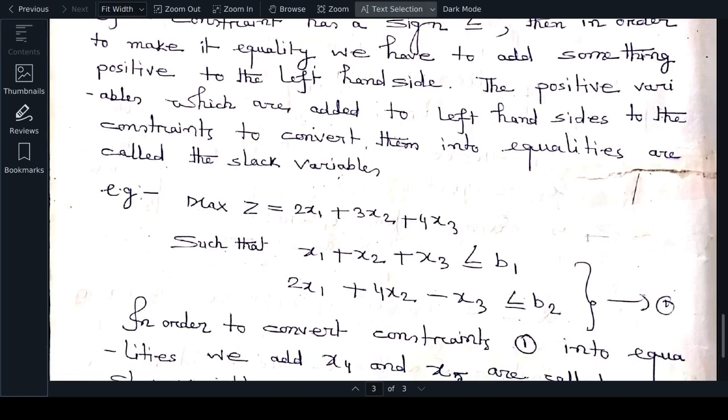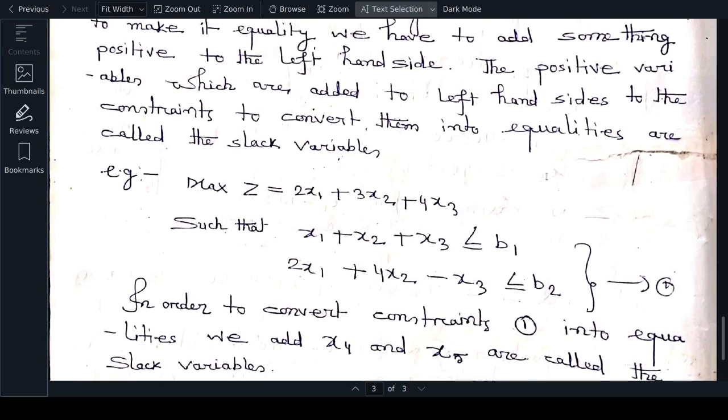So all of you see this b1 and b2 should always be positive. If negative, then we make it positive. Clear? So for solving a linear programming problem by the simplex method, always remember the right hand side, all bi's.